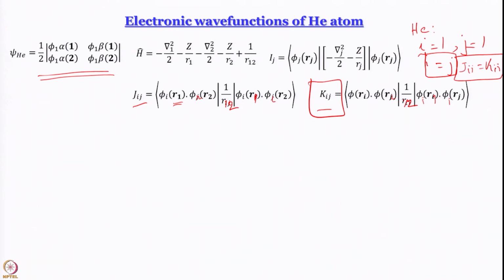Okay. So, let us just try and expand this wave function. The psi He will be equal to, I will not even write this half for now, let me just write phi1 alpha 1 phi1 beta 2 minus phi1 alpha 2 phi1 beta 1.